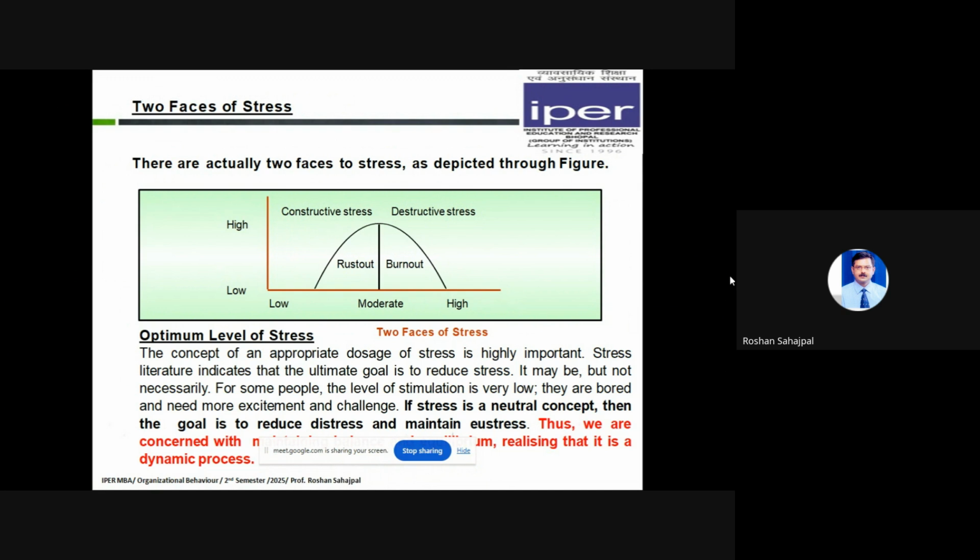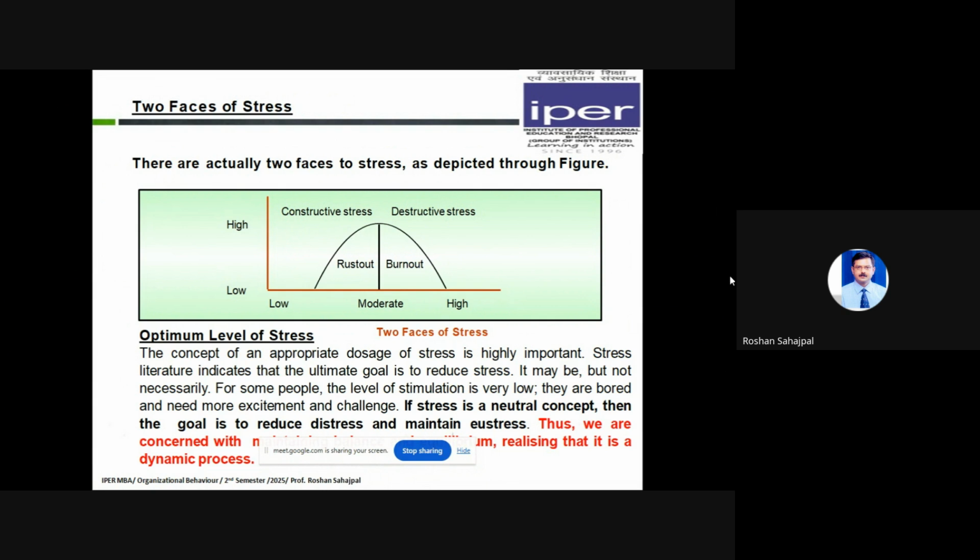So till the time that you reach your optimum level, whatever stress that you undergo is called positive stress or constructive stress or eustress. So this is positive. If you are making an extra effort to learn a skill, to learn English communication skills or even some AI skills or AI tools, then you are putting yourself under stress, of course.